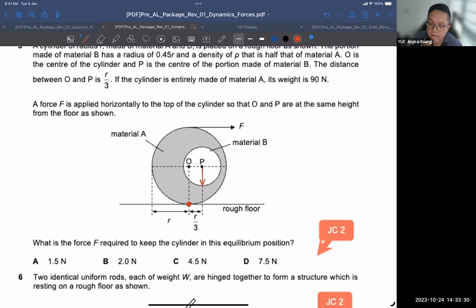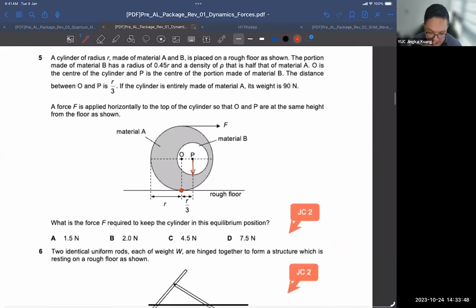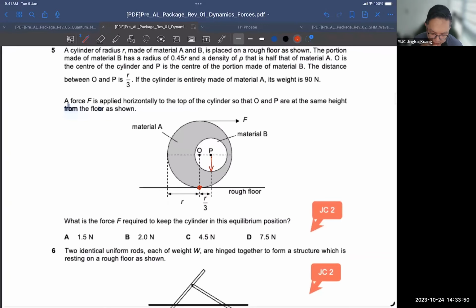Wow. I want to find the answer first. Okay, I'm going to try.